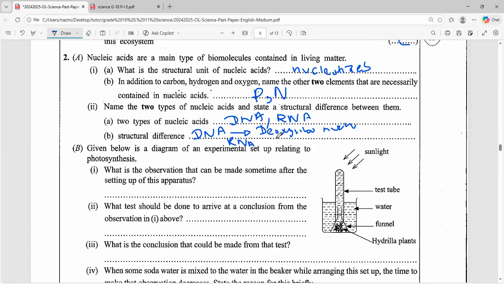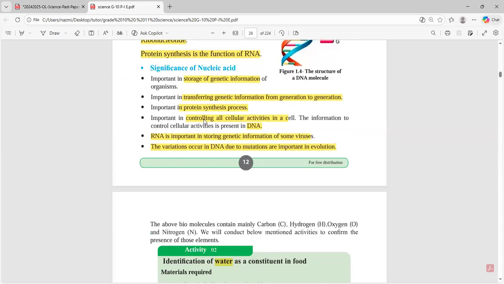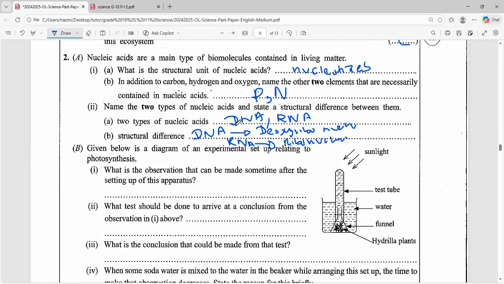I wrote DNA is deoxyribonucleotide and RNA ribonucleotide. Not acid, you have to say nucleotide. So that is the only structural difference you can tell, because they have not told anything else.